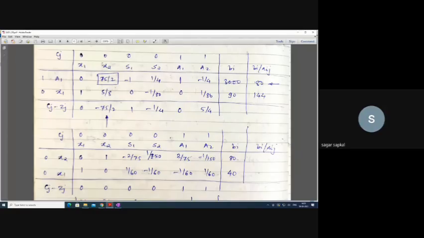For the first phase, we made some adjustments in the objective function, and we solved it only for removing the artificial variable from the base. Now the same table, whatever is there, you have to rewrite. The only thing is that you have to take the original contributions of x1, x2 into the problem. The same values at all places you have to write.